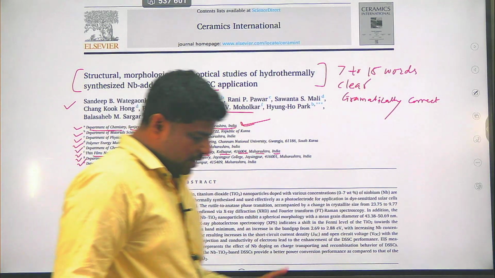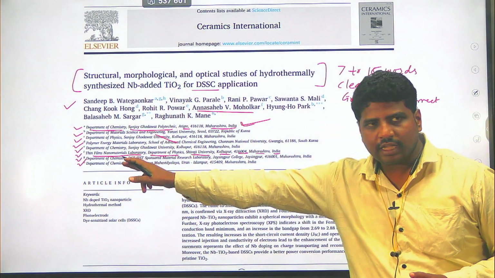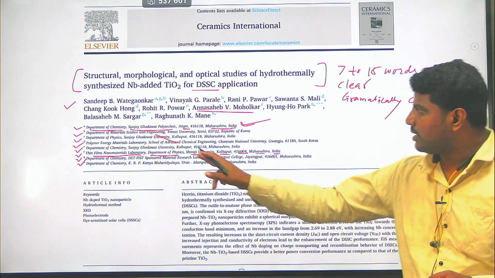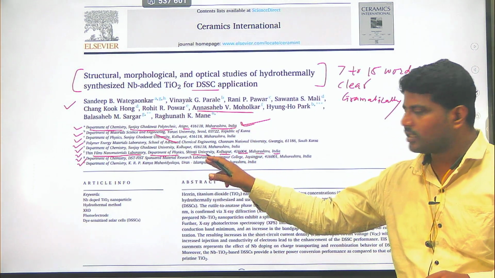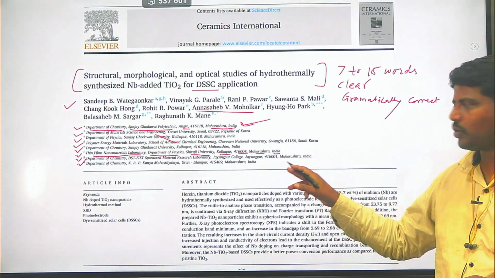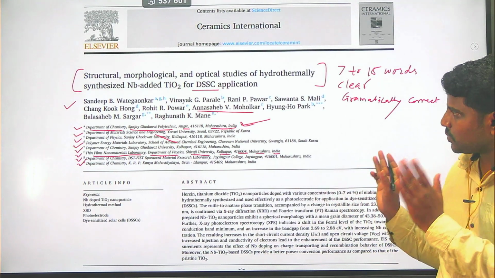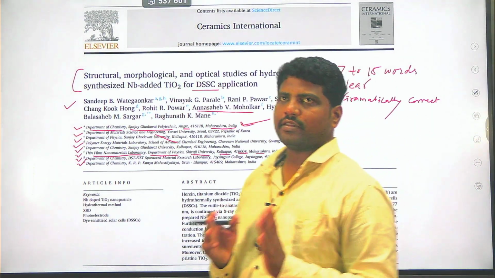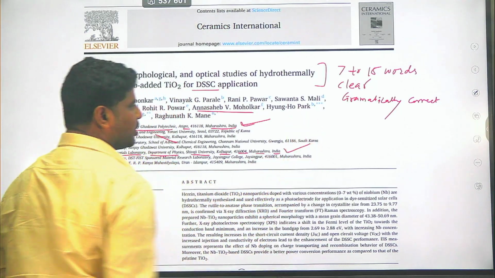In this affiliation, you can see the name of the laboratory first, then the department name, then the university name, and the city name, after that pin code, state, and country. So this is exactly how to write the affiliation.